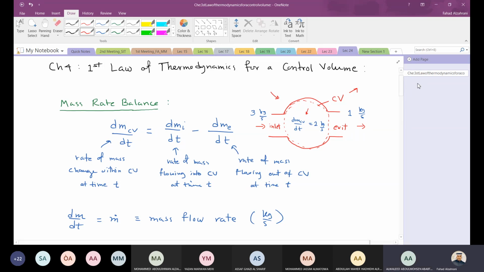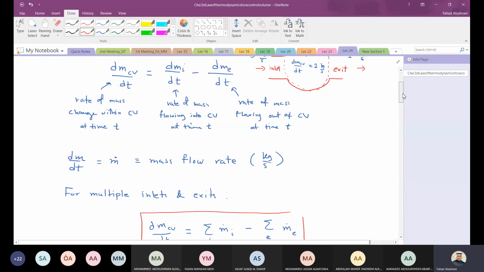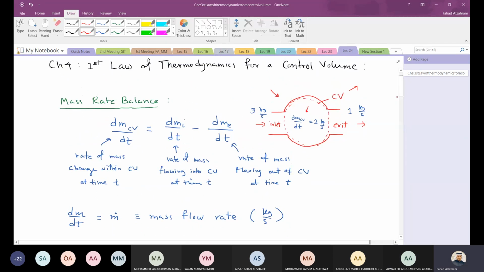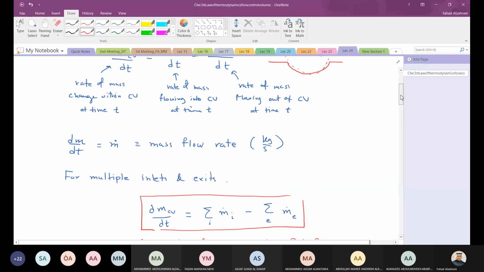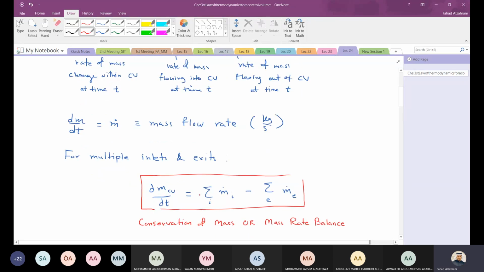So, all right. Any other question? So this example talks about a single inlet and single outlet. So what if I have multiple inlets and multiple outlets? Okay, the mass rate balance simply becomes the summation of all mass inlets minus the summation of all mass outlets.